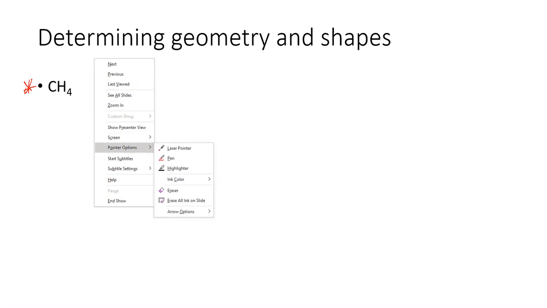We want to determine the geometry and shape of this molecule. So actually there are rules that you need to know to determine the geometry and shape of a molecule like methane.